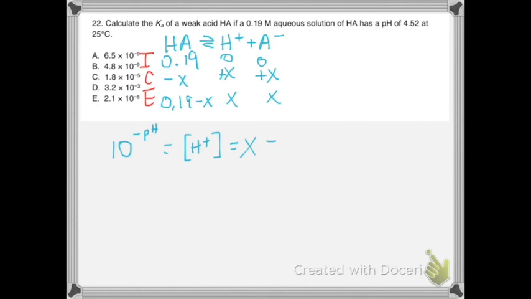Okay, so when we do this, we can just do 10 to the power of negative 4.52, which is equal to 3.02 times 10 to the minus 5.